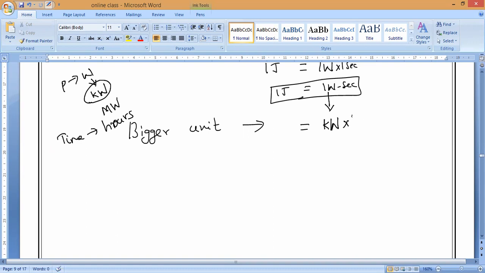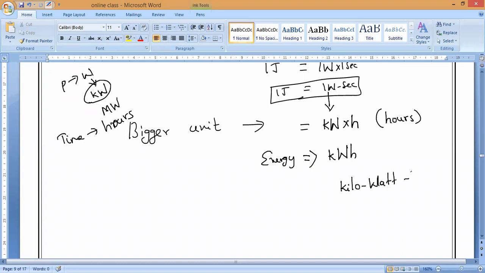So here we have to write H. H indicates hours. So this is the bigger unit of energy: small k, capital W, capital H. This is what we call kilowatt hour.